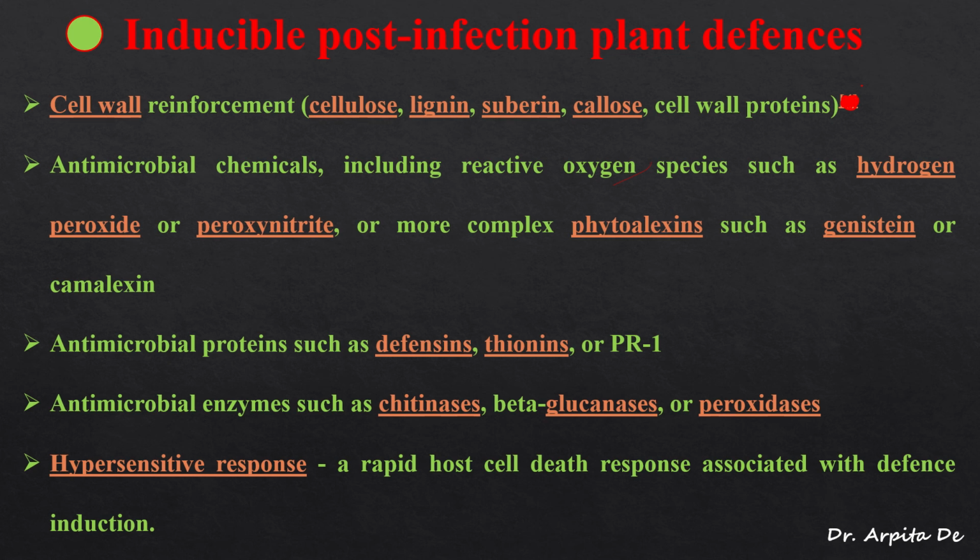Antimicrobial proteins such as defensins, thionins, or PR1, then antimicrobial enzymes such as chitinases, beta-glucanases, or peroxidases. Hypersensitive response is also a very important factor here: a rapid host cell death response associated with defense induction.